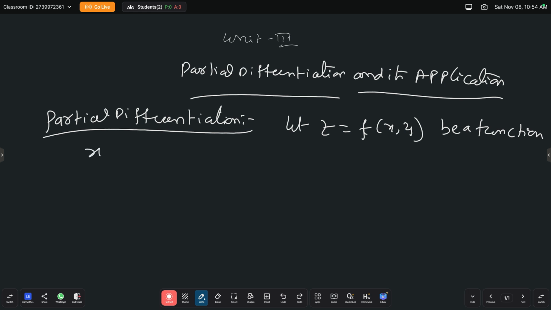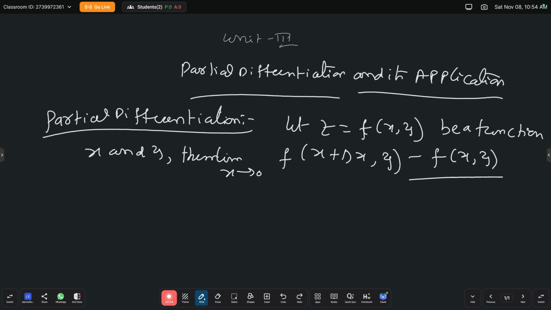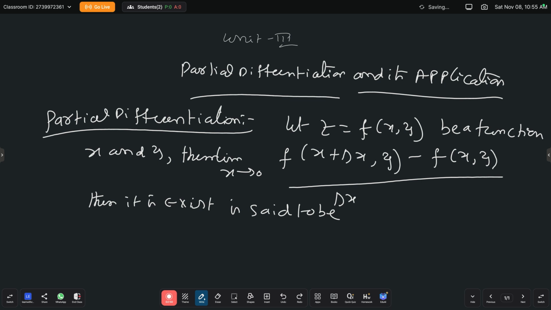Then the limit as delta x tends to 0 of f of x plus delta x comma y minus f of x comma y, divided by delta x, if it exists, is said to be the partial derivative or partial differential coefficient of z with respect to x.